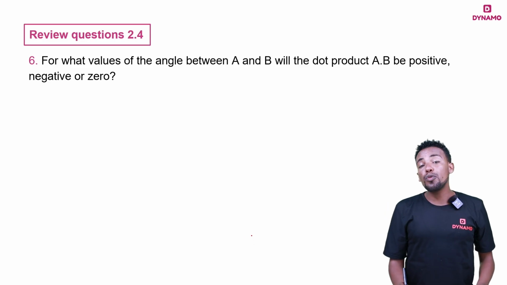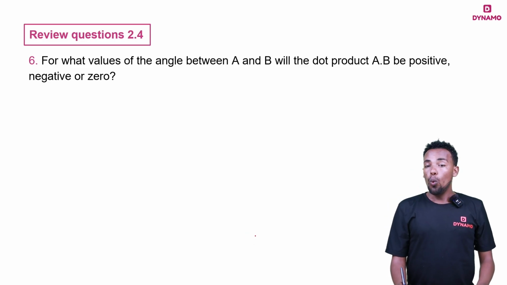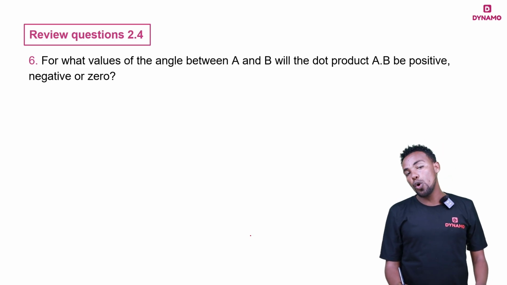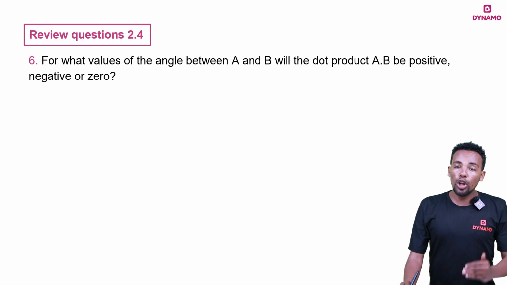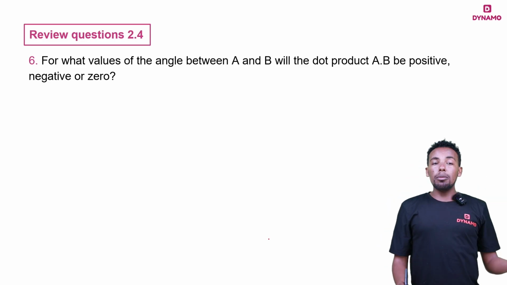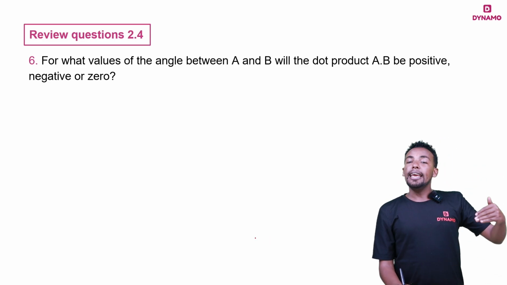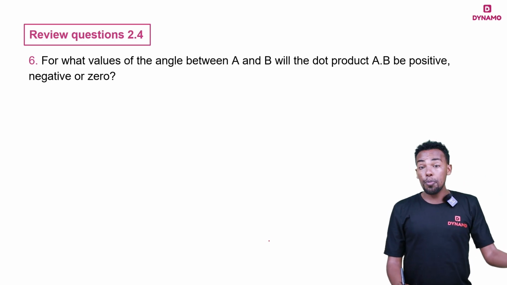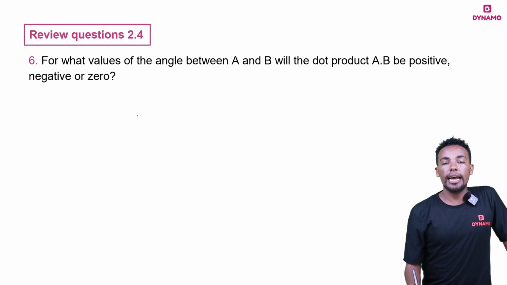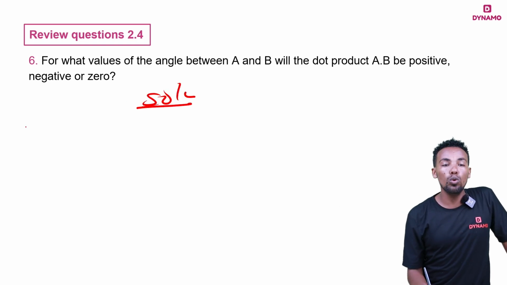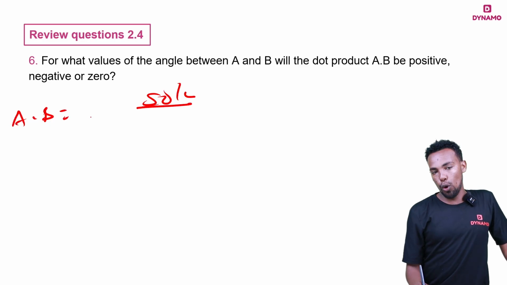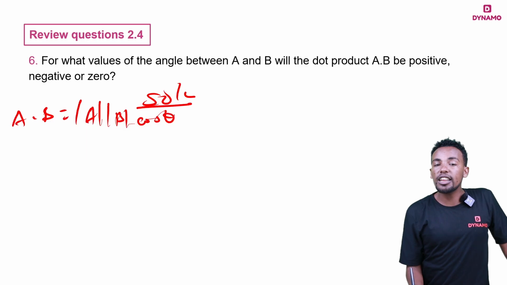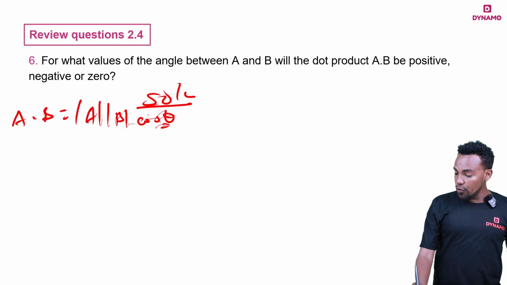Okay. For what values of the angle between A and B will the dot product A dot B be positive, negative, or 0? Solution: A dot B is, from the original definition, magnitude of A magnitude of B cos theta. The angle can make it positive or negative.